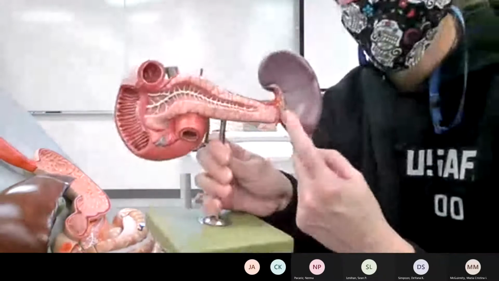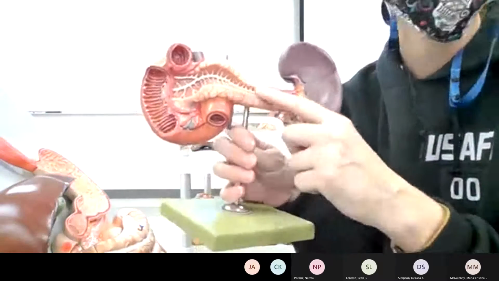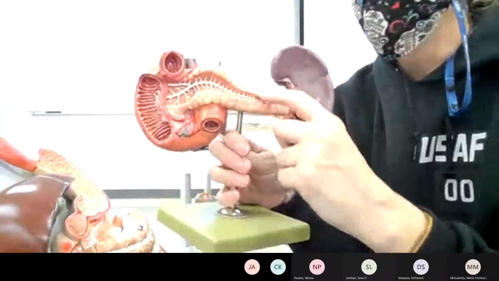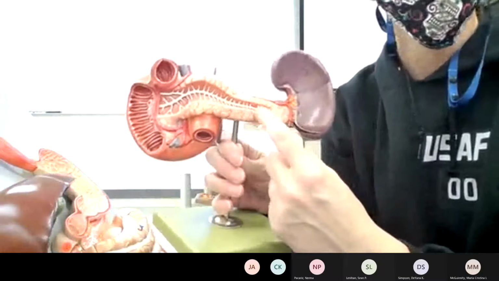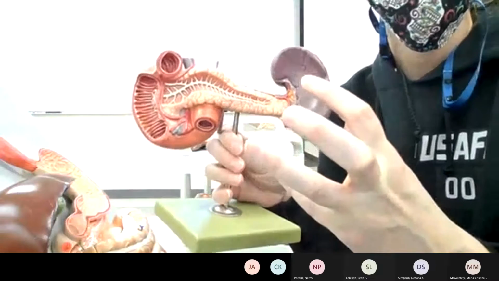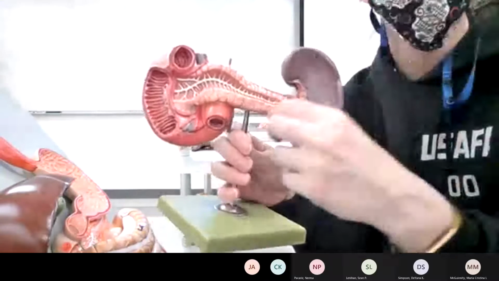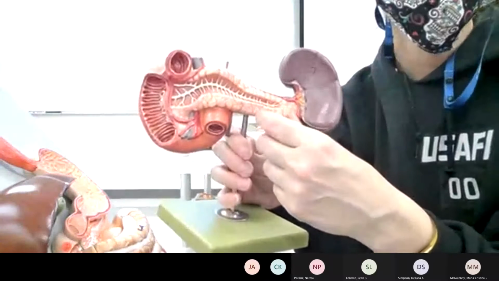All right, the tail of the pancreas is over here. For cancer purposes, Patrick Swayze, Alex Trebek, if cancers start over here, they can grow and expand and get really, really complex, really dangerous, and then start to metastasize before we even realize they're around.